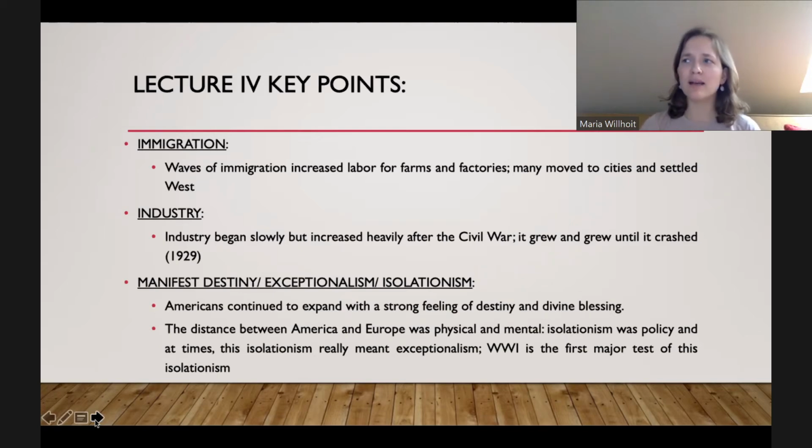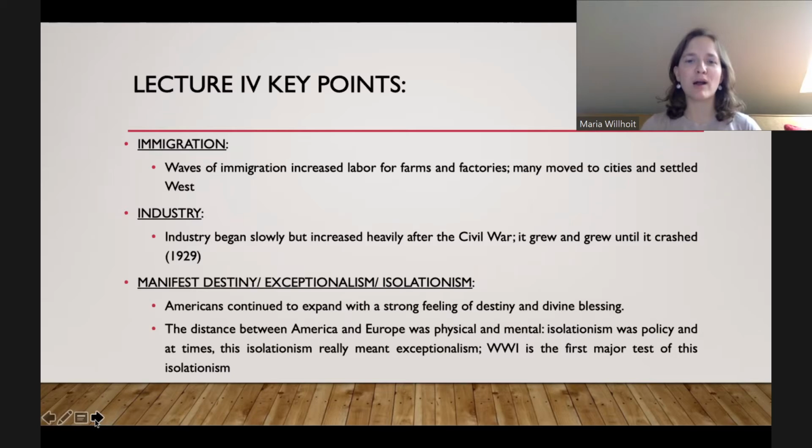And finally, our last major point was this feeling, I put it all together, of manifest destiny, exceptionalism, and isolationism. All three go hand in hand. There was this belief that America was exceptional, that it was unlike other countries in the world. It was kind of blessed by God in some ways to be a strong nation, to be a growing nation.